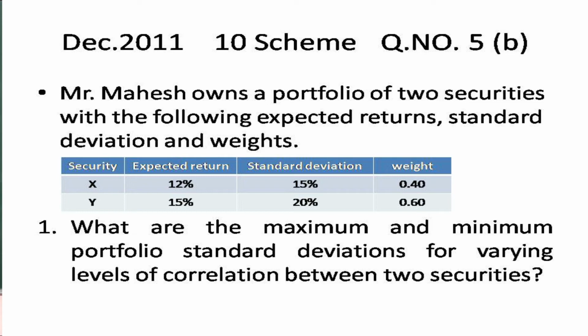Okay. So, here they have given 2 securities, securities are X and Y. They have mentioned the value of weights also, that is 0.40 and 0.60, and X bar they have mentioned, that is the mean value of X return is 12 and the mean value of Y return is 15, and the standard deviation of X security is 15 and the standard deviation of Y security is 20, the given values like this.